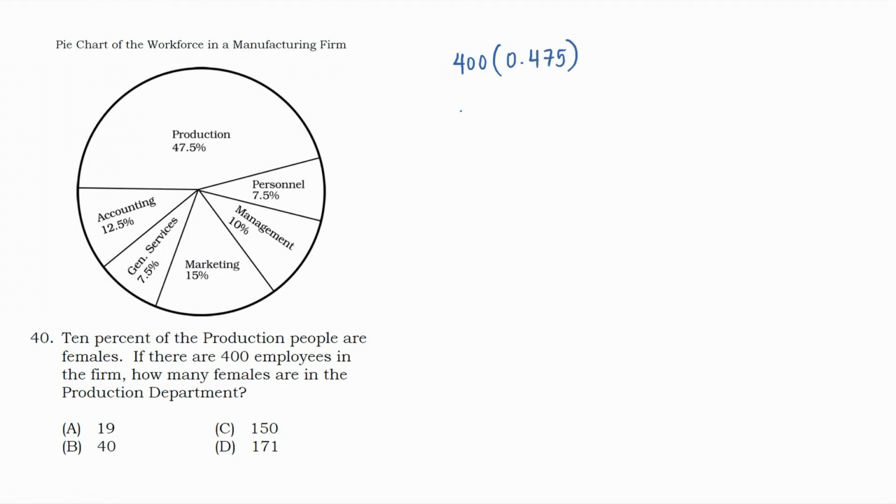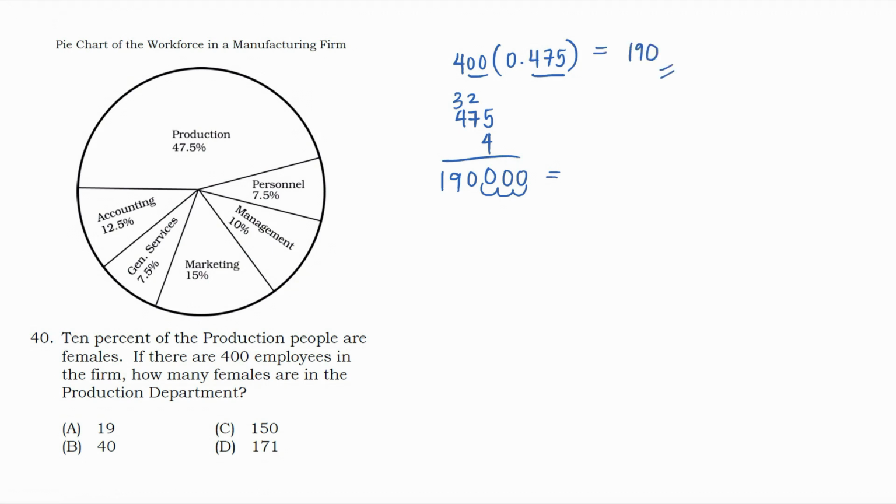0.475. So, 475 times 4 is equal to 20, 7, 14, 1, 8. So, 30. 16 plus 3 is 19. And then, since we have 2 zeros pa dito, kasi 400, so lagyan natin ng 2 zeros. And then, we have 3 decimal places. So, 1, 2, 3. So, yung answer dito is equal to 190.